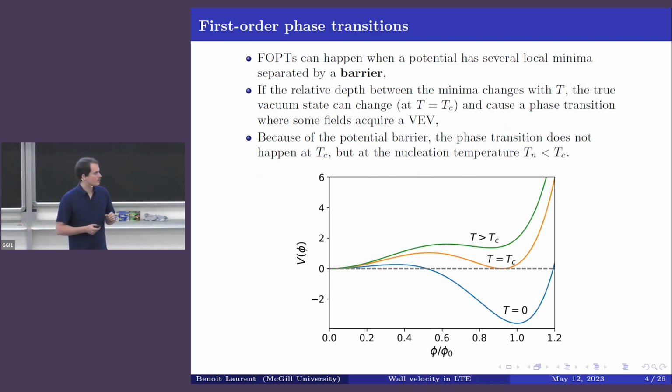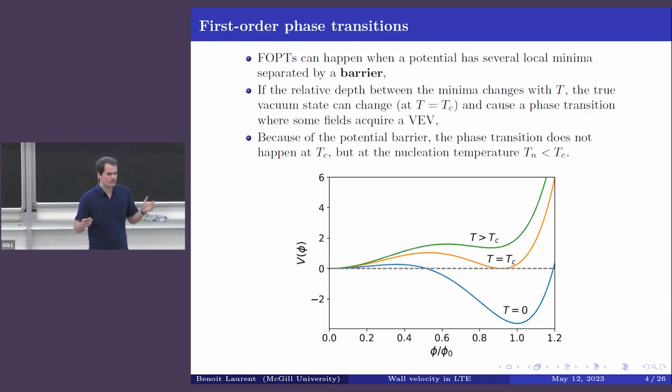What is special with this potential is that we need two minima that coexist at the same temperature, and they need to be distinct so that they are separated by a potential barrier. What we need is for the relative depth of these two minima to change with the temperature, such that at very high temperature, the real minimum, the global one of the potential, is at the origin.